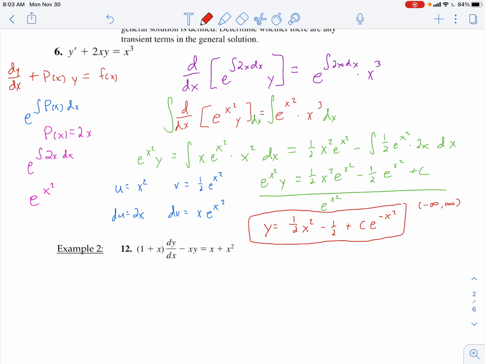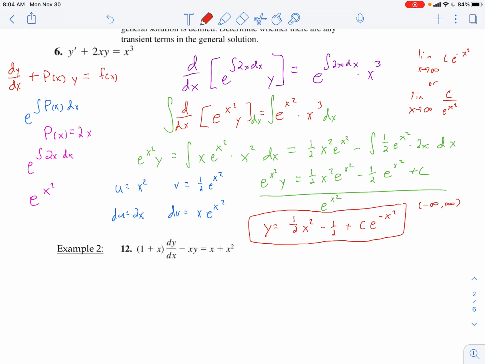And then we do have a transient term. All right, so we take that last term and we take the limit. I'll just do it up here. The limit as x approaches infinity of c e to the negative x squared. All right. Is that approaching 0? As x gets bigger, that's going to make that denominator bigger, because again, this is really the limit as x approaches infinity of c over e to the x squared.